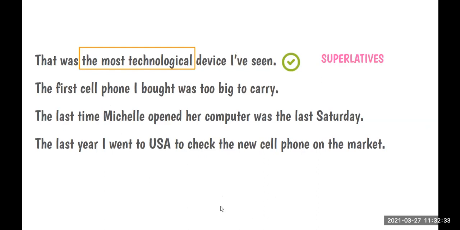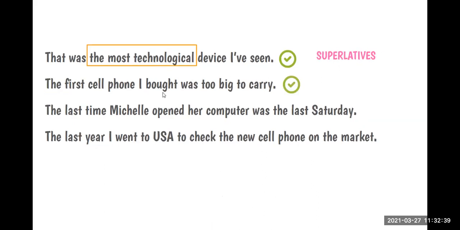Okay. Any other ideas? Yes, it's correct. The sentence is correct. Why? Because the first is a marker, okay? It's a sequence marker. So when we use sequence markers, we use the. For example, the first to arrive to the party, the second to finish the test, okay?